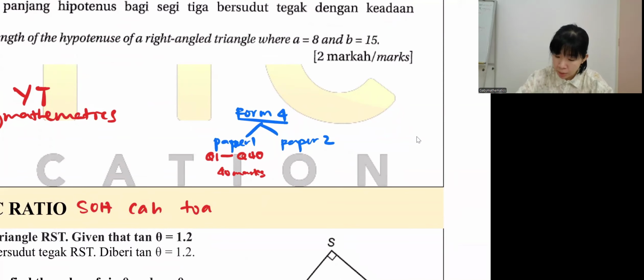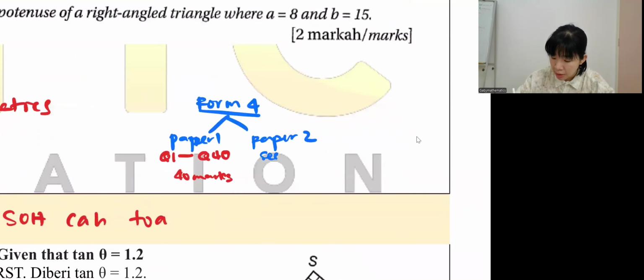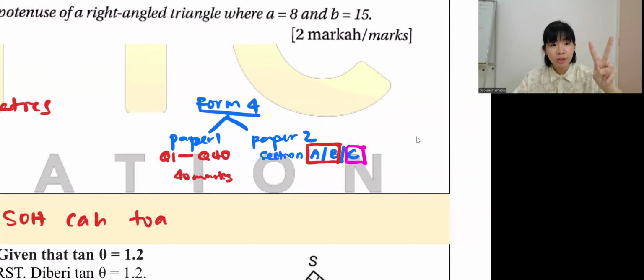For this paper 2, I want to talk a bit about the sections. We have section A, section B, and also section C. Section A and B, you have to answer everything. But section C has 2 questions, and you get to choose. Do you know about this?